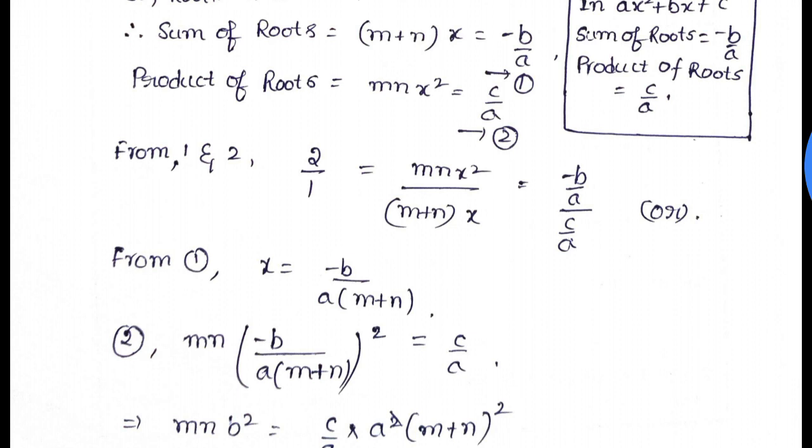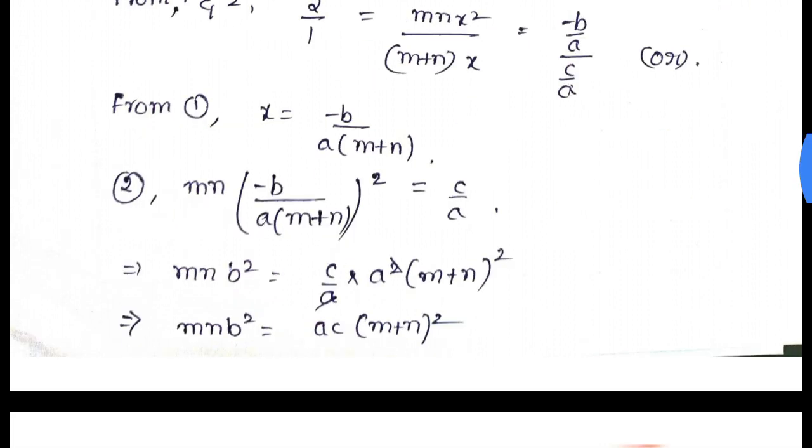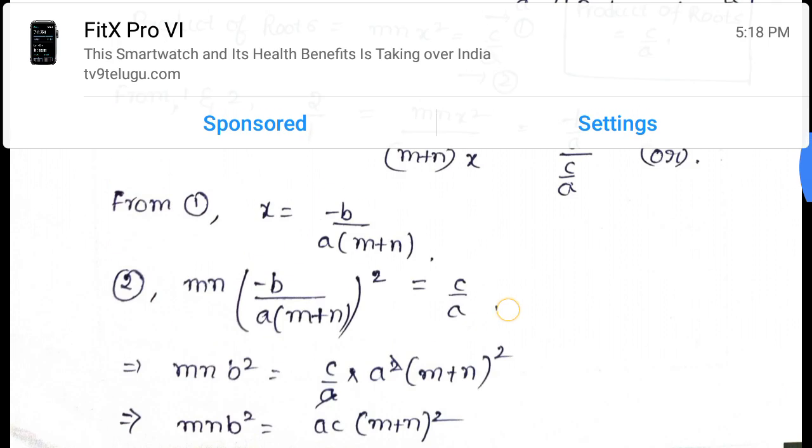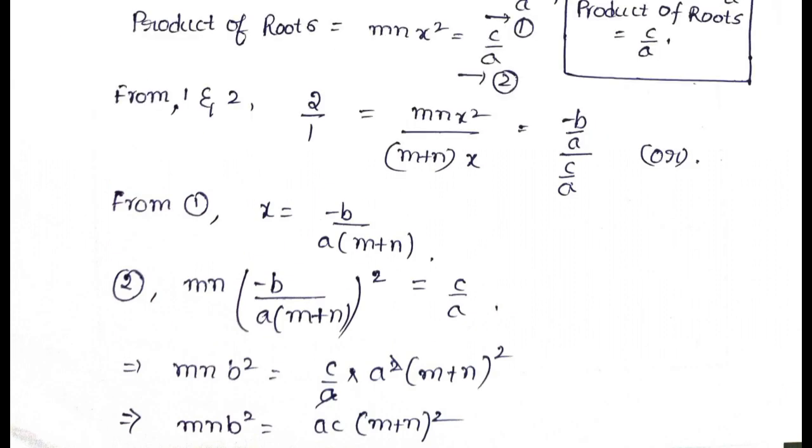Now from the first and second statements we get x is equal to minus b by a into m plus n. Substituting the value of x in the second statement, that is mn x square is equal to c by a, we get mn into minus b by a into m plus n whole square is equal to c by a.